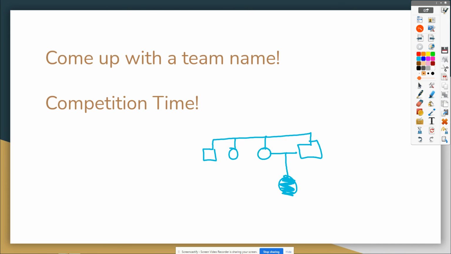All right, boards up in 5, 4, 3, 2, 1. Autosomal recessive is correct. I want to show you something real quick. Look at the bottom right, where we have that female who's affected. If you want to see if it's sex-linked recessive, and there's a female who's affected, that's where you want to check first.